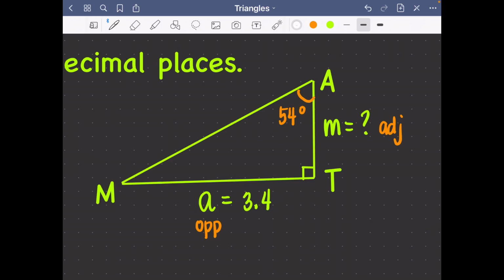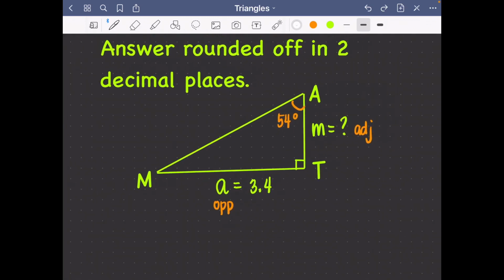Take note that the side that is opposite the 90 angle is always the hypotenuse. Since the hypotenuse is not a part of the problem, we just ignore it. So we will use opposite and adjacent. Now, opposite and adjacent, so which trigo function will you use?